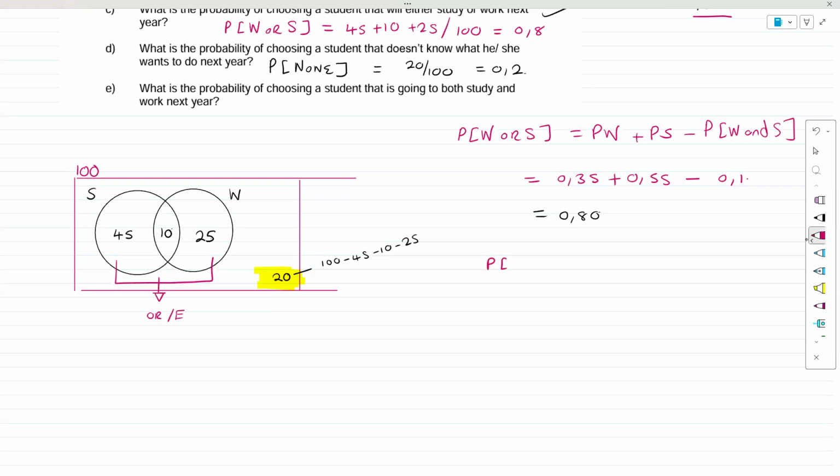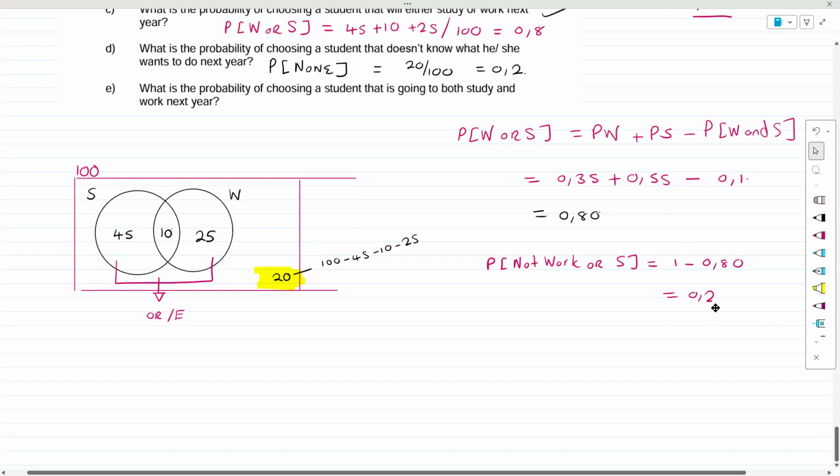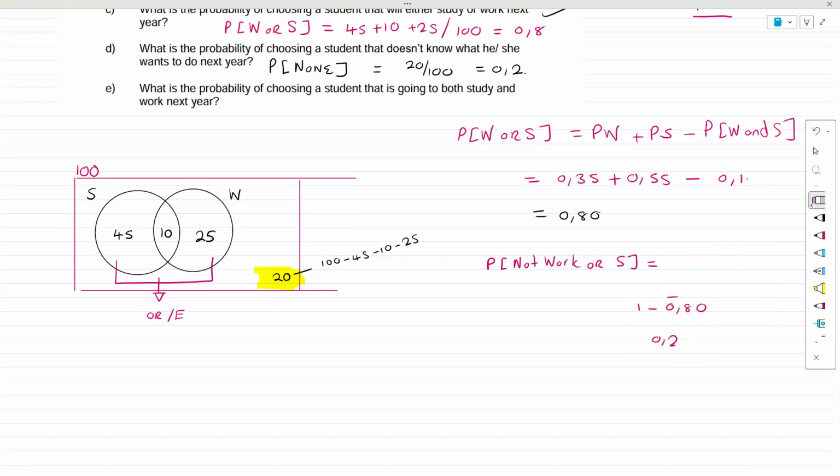The probability of not working or studying is equal to 1 minus 0.8, which is 0.2. Why? It's because I did teach you guys, the probability of not would always be 1 minus the probability of the work or study. So we should be good with this question.